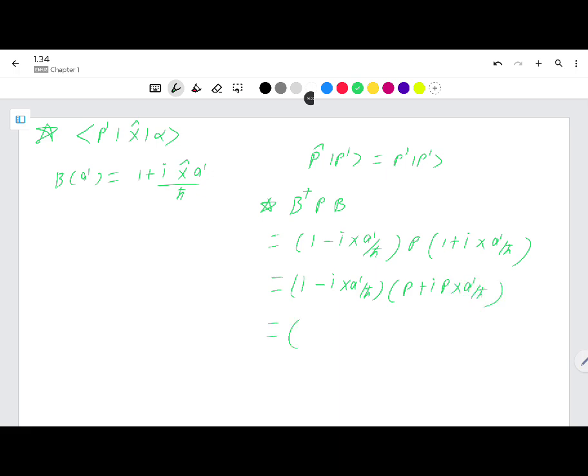As we move forward, we get P plus i P X dp prime upon h bar minus i X P dp prime upon h bar, plus terms of the order of dp prime squared, which is roughly 0. So this will be P plus i dp prime h bar times X.